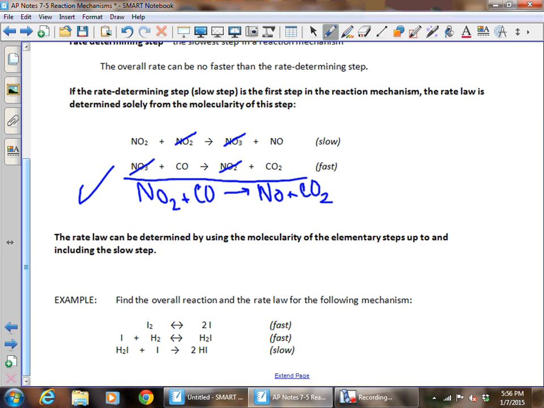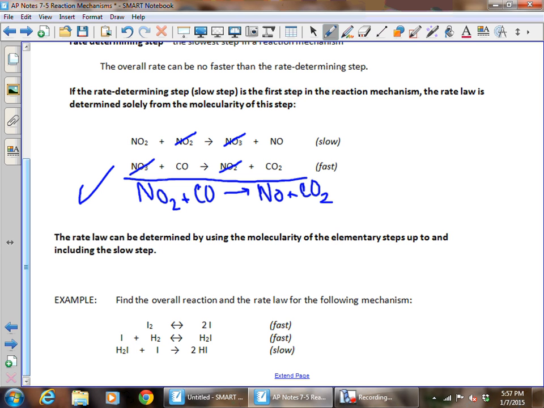The rate determining step is the slowest step in the mechanism. Think about it this way. If you were running a race, say 4 people are going to hold hands and run a 100-yard dash, you are going to be limited for how fast you can run by the slowest person in the group.